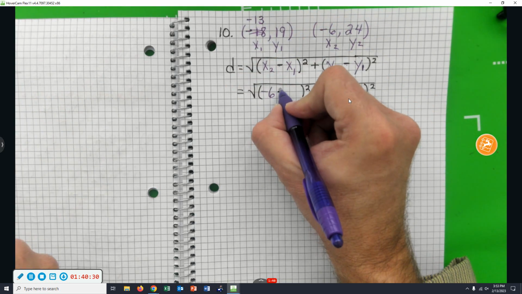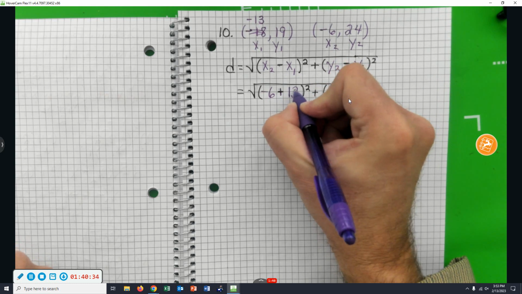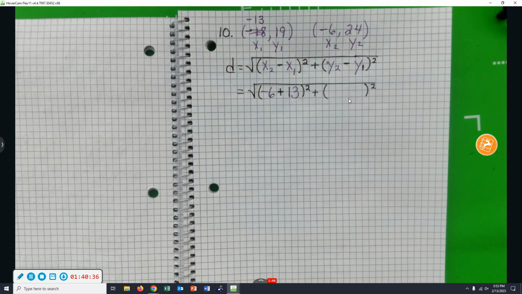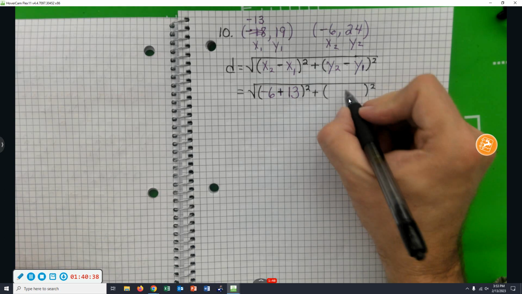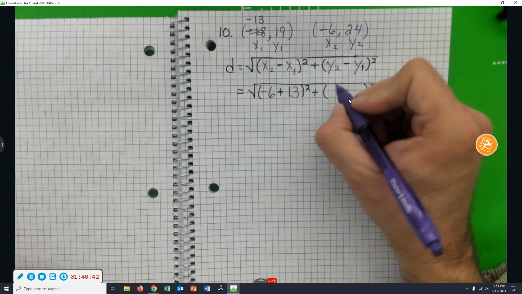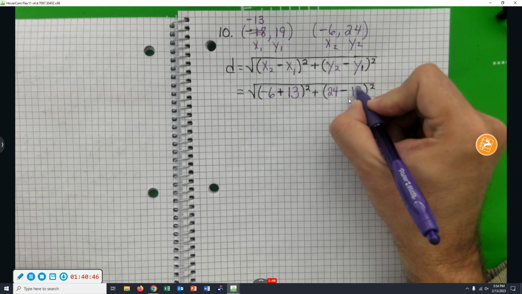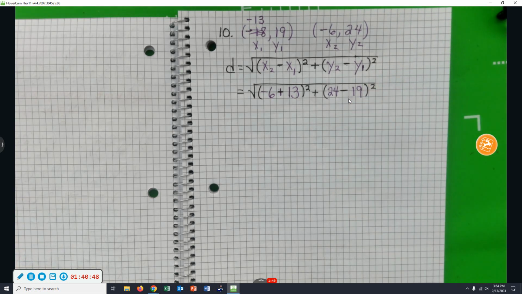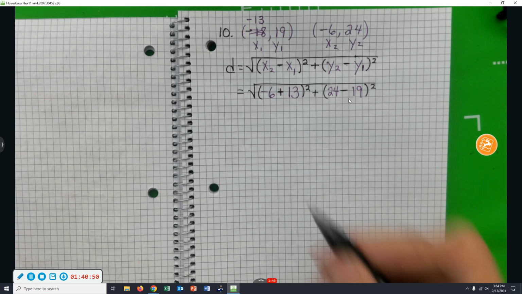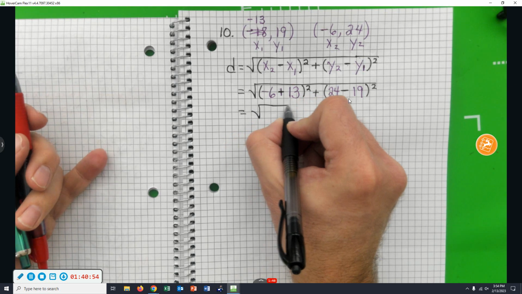Look how I'm going to write the purple minus. Okay? So that minus and negative becomes a positive. Keep going. Minus 19. Now that's the easier one. 24 minus 19. Wonder if we're going to get something we can simplify under here.